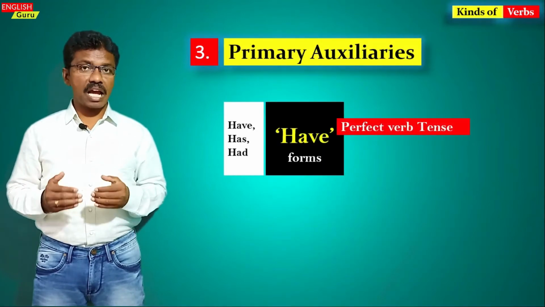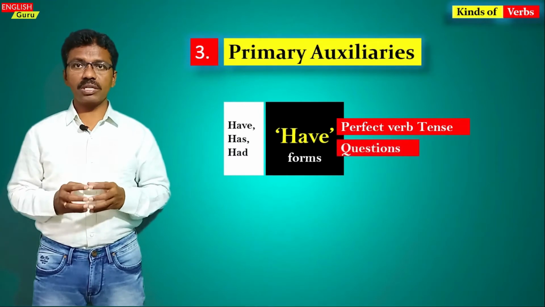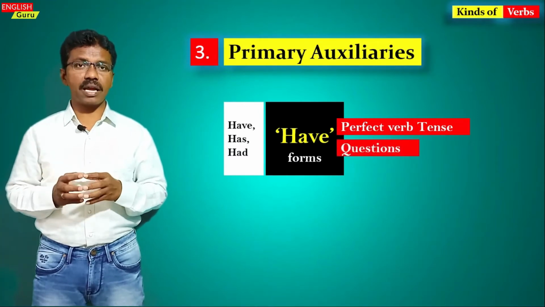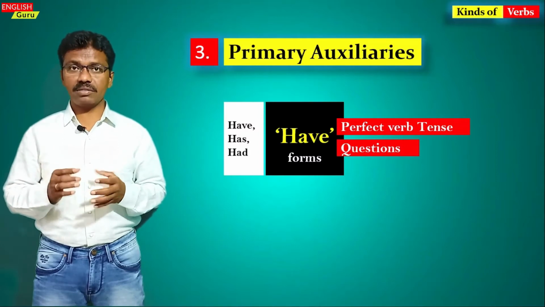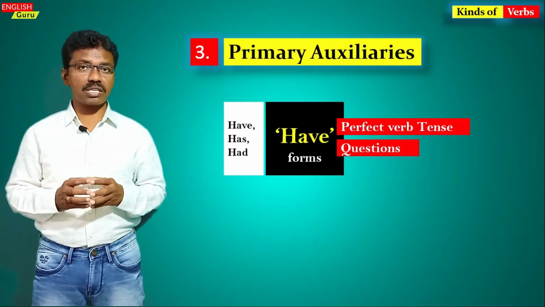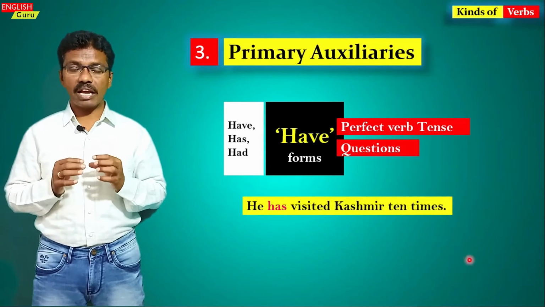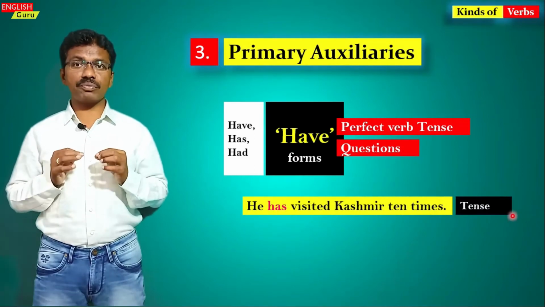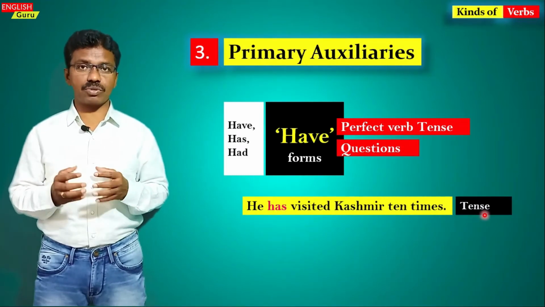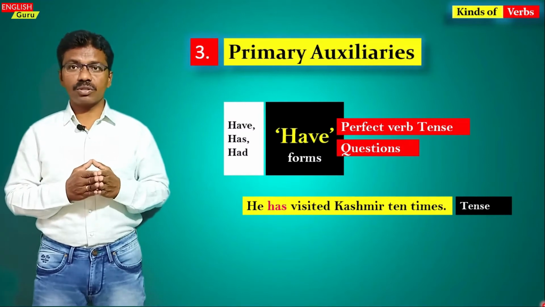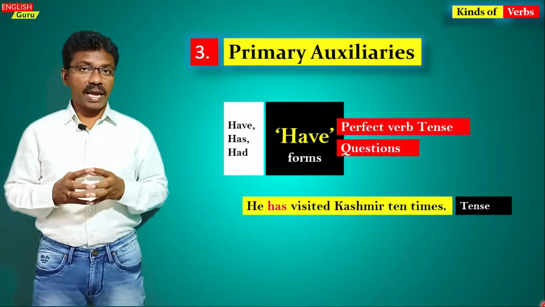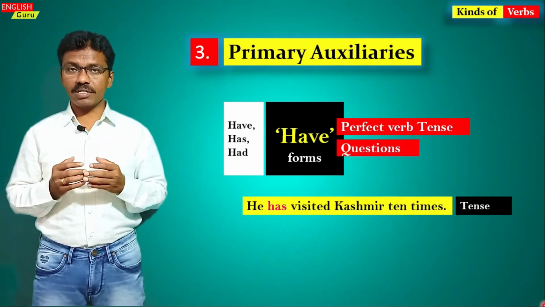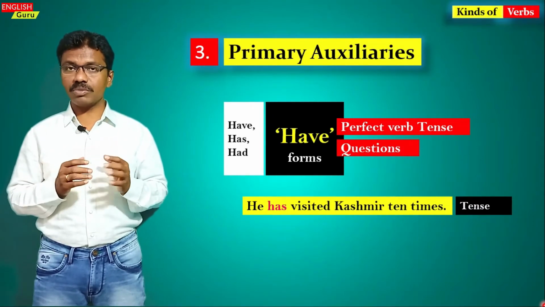And the next one is have forms. Have forms are used in perfect tenses and to frame questions also. For example, he has visited Kashmir 10 times. Has visited here is talking about the tense, in his whole life, how many times he visited.